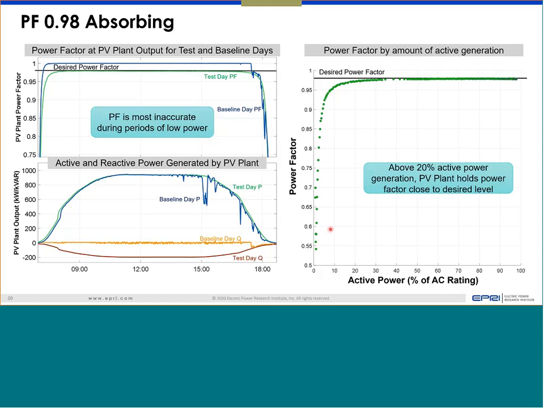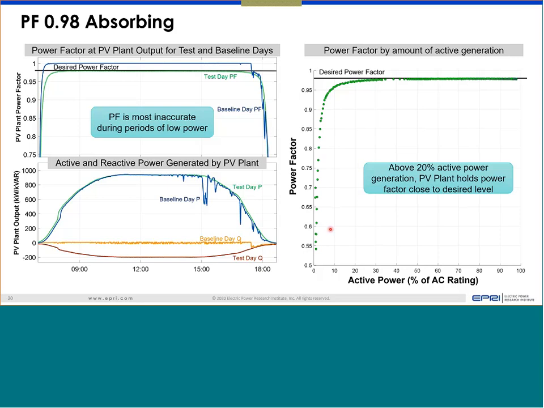Below that, and again, we have seen this consistently, below 20%, it typically struggles to maintain the power factor. And you can imagine that this is a very simple reason. When you are at low power, any small error in the measurement of Q, any error in the control that is maintaining the target power factor or calculating, based on P, how much Q I need, will impact the reactive power calculation and also generating that reactive power.